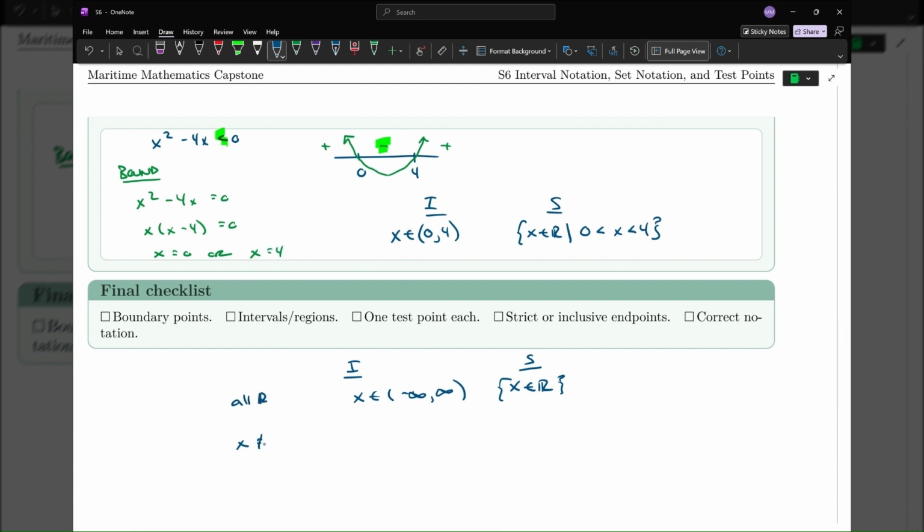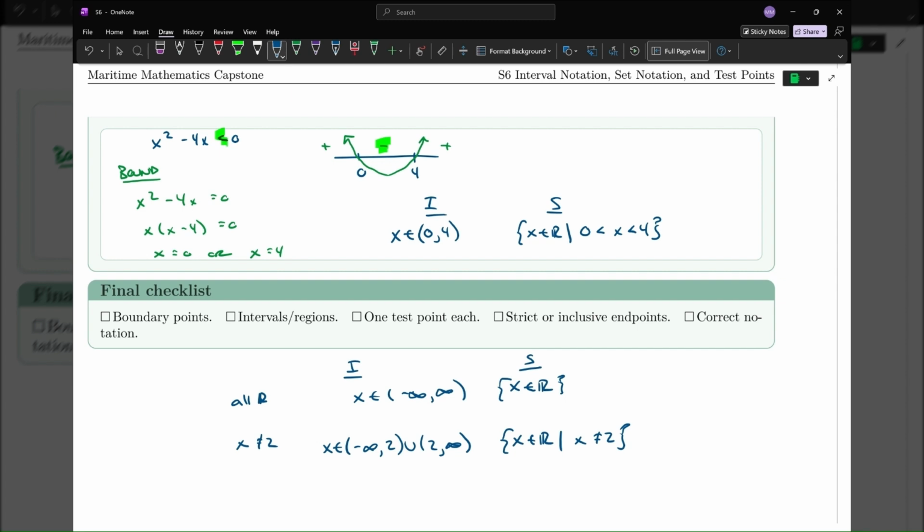Let's say x can't be 2. In set notation, you could just say x is an element of the reals such that x can't be 2. In interval notation, this is where it does get clunky. You're going to say x can go up to 2 or it can go above 2. Those are two specific situations where set notation might be a little bit better.